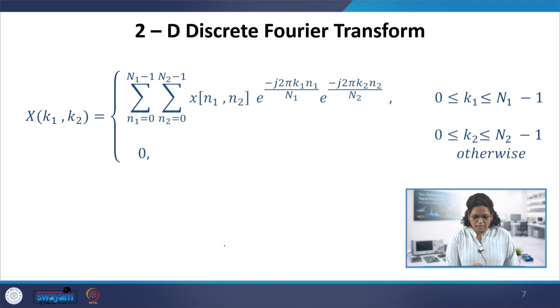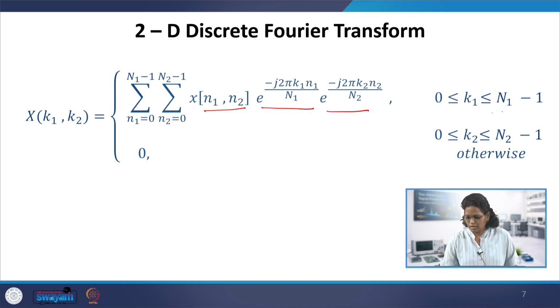Now the equation of the DFT, the finite sequence we get from the DFS, is the 2D DFT. So n1 varies from 0 to n1 minus 1 and n2 from 0 to n2 minus 1, summation of x of n1 comma n2 e power minus j 2 pi k1 n1 by n1 and 2 pi k2 n2 by n2.